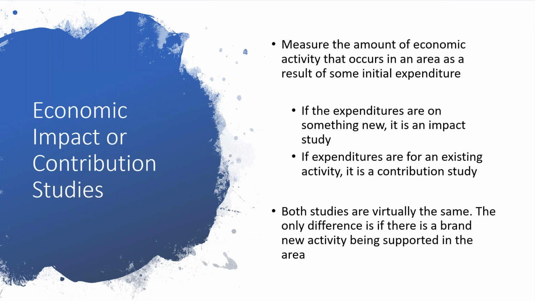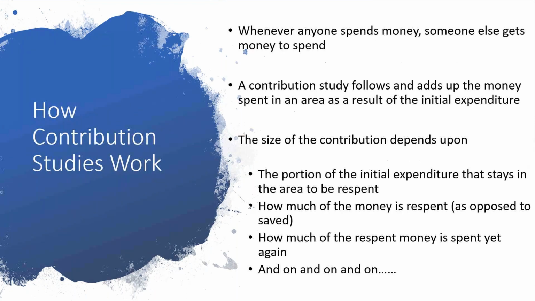A contribution study is to show how much of the economy goes through a certain industry or a certain business. So what we did with the Iowa Off-Highway Vehicle Association is really a contribution study. Other than that, they are virtually the same. It's a terminology difference. If you get in the wrong academic areas, it's very important. In the real world, it doesn't bother many people. Next slide.